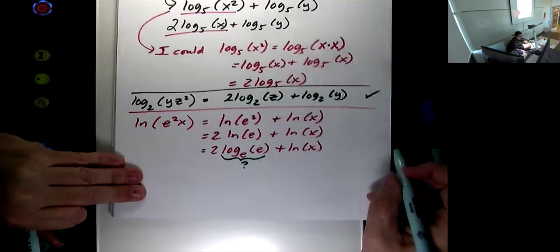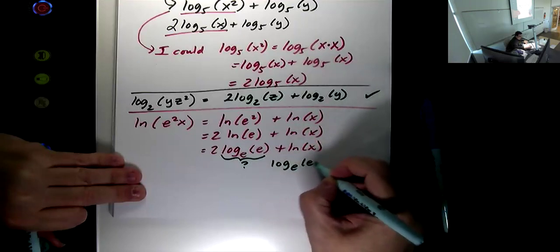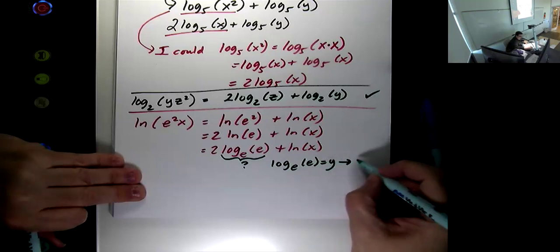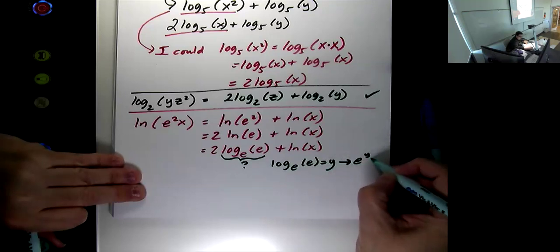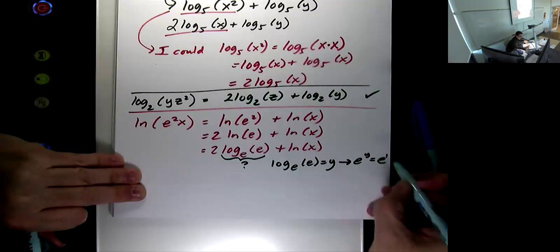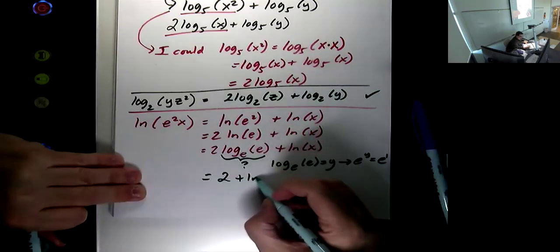You can figure it out without a calculator real quick. Log base e of e equals y is the same thing as saying e to the y equals e. So y has to equal 1, right? Yes. So that just ends up being 2 times 1 is 2 plus natural log of x.